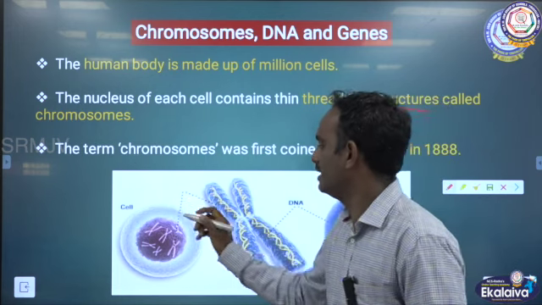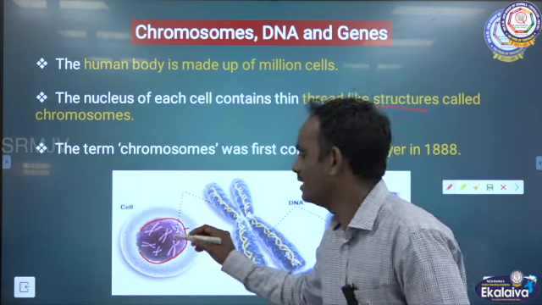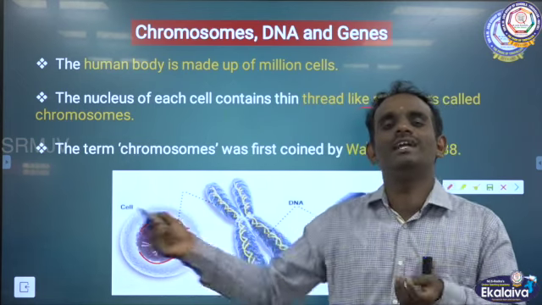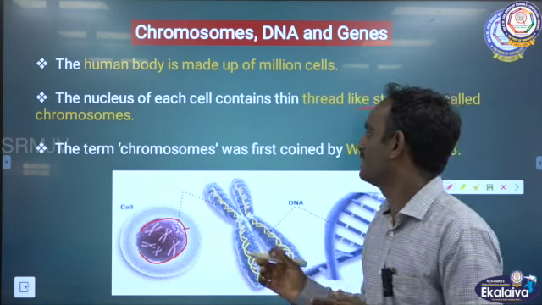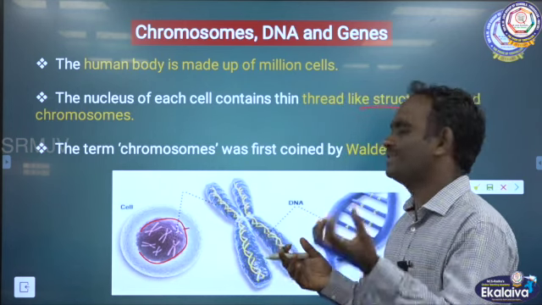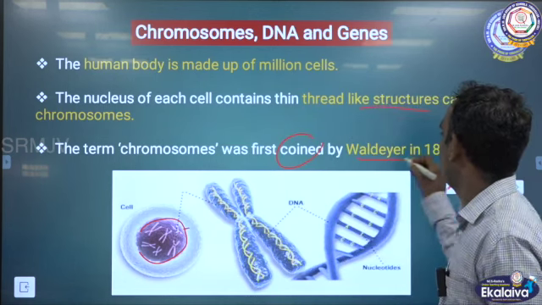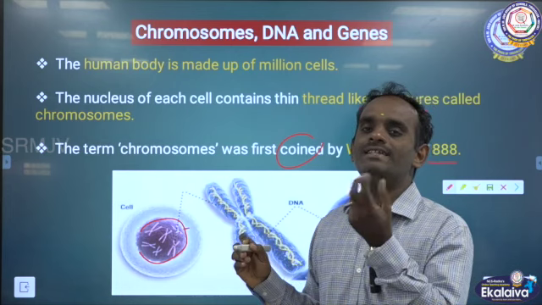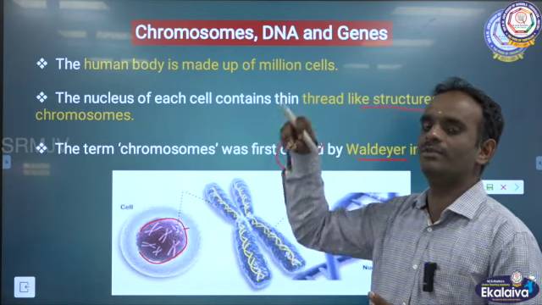Yes, this is a cell and this is the nucleus. Inside the nucleus, a long thread-like structure is called a chromosome. Very good. The term chromosome was first coined by a scientist called Waldeyer in the year 1888. He is the first person to name the chromosomes.